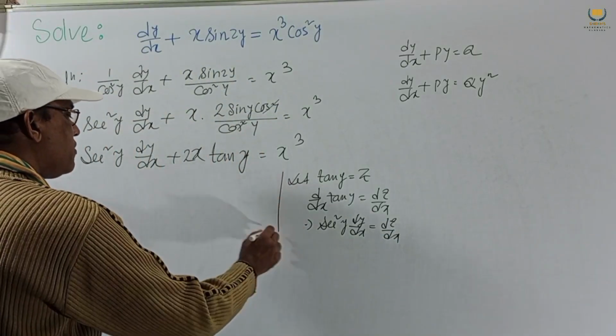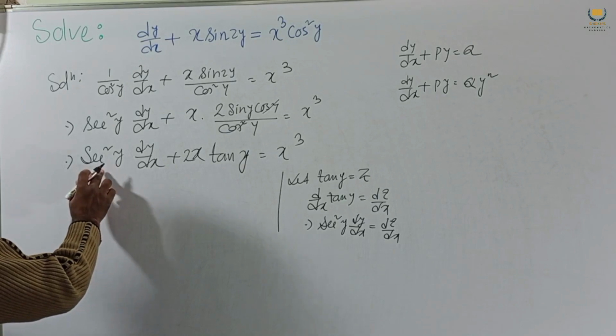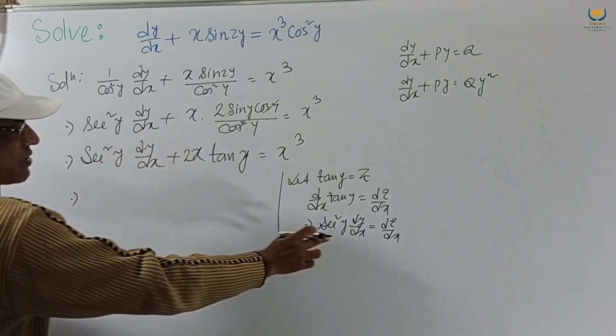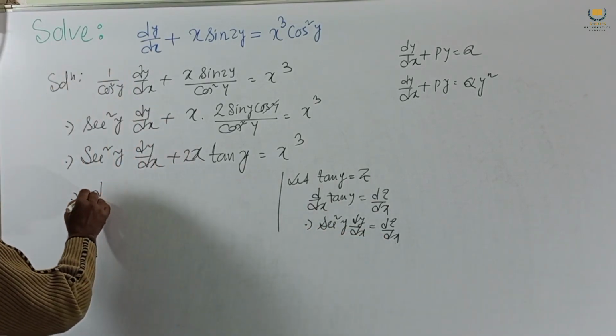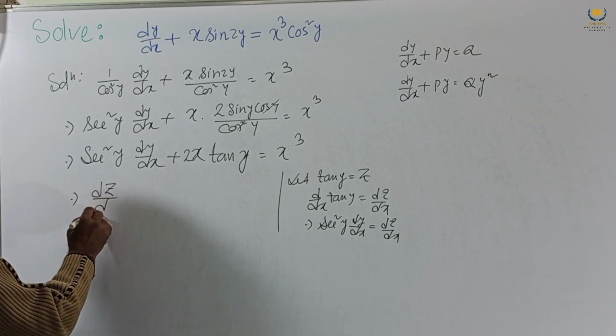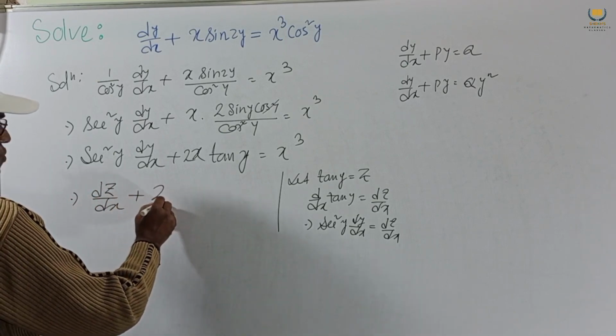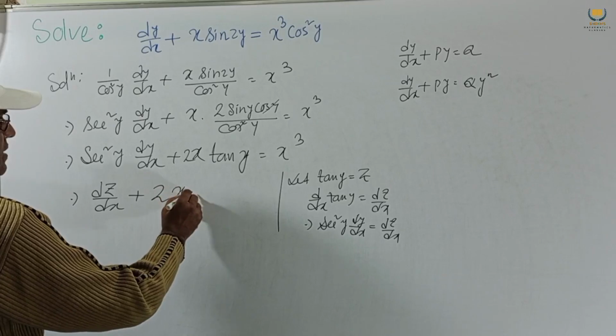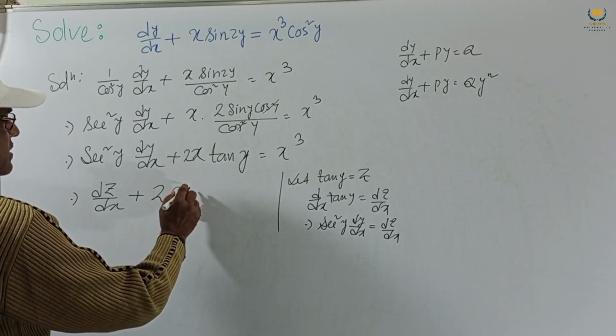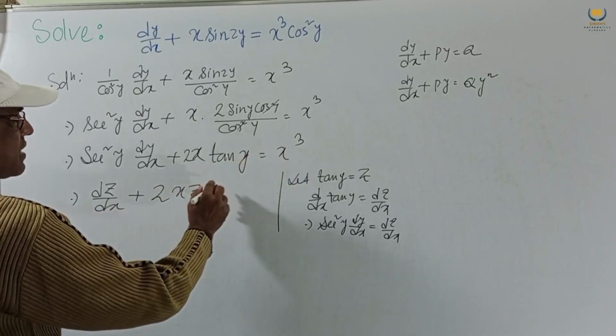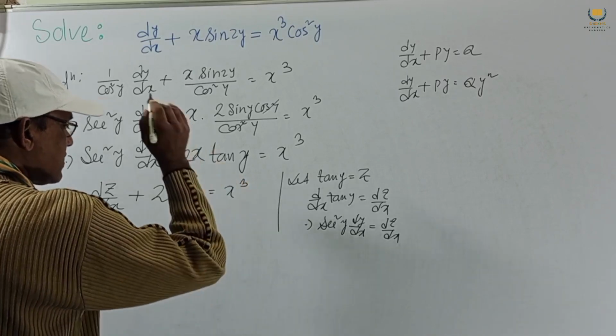Now putting this value, sec square y dy/dx means dz/dx, and we get dz/dx plus 2x z, where z is tan y, equal to x cube.